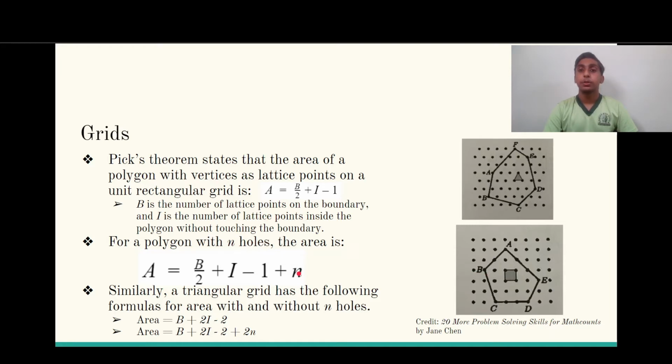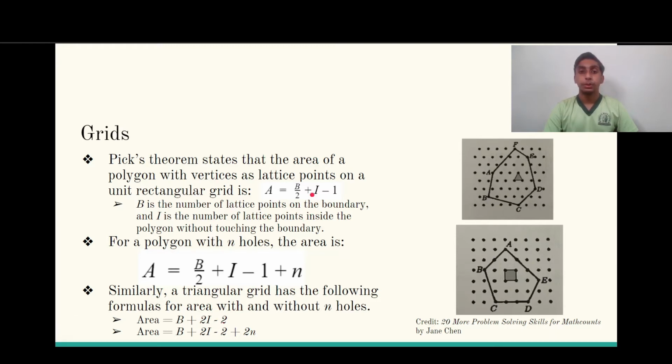Now similarly, a grid can be rectangular, or in this case, triangular. Here we have a rectangular grid, or square grid, you could say, because you can make a square. Here, however, we can make triangles out of 3 points, so this is a triangular grid. So now we have different formulas because it's a triangular grid. The area is going to be b plus 2I minus 2.